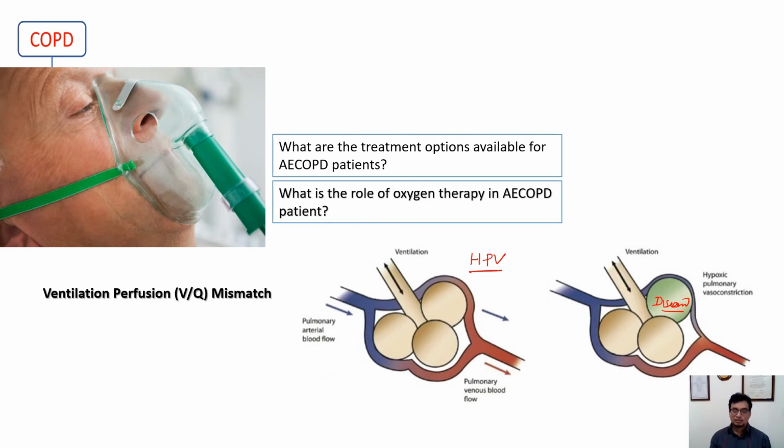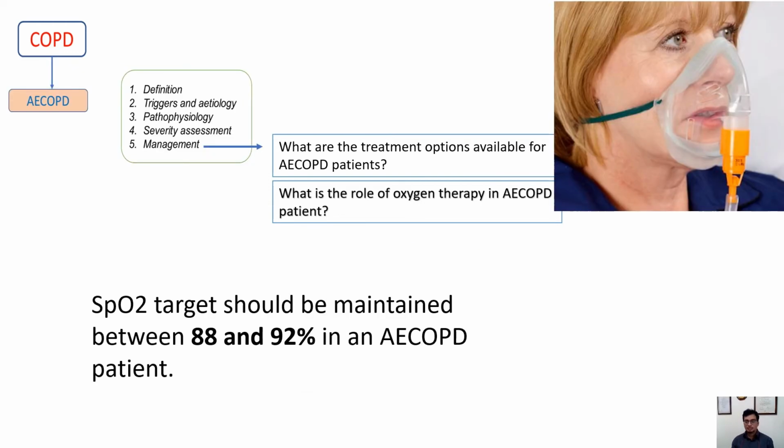That results in shunting, dead space ventilation, and eventually hypercarbia. That is why we have to keep the oxygen at a lower level, and the target saturation to be maintained in COPD patients is 88 to 92%, and for that a special graded oxygen delivery device is suggested, called the Venturi mask.